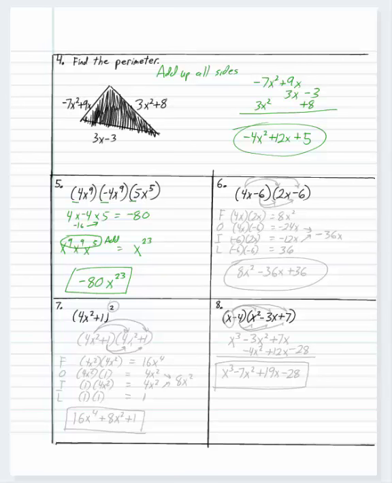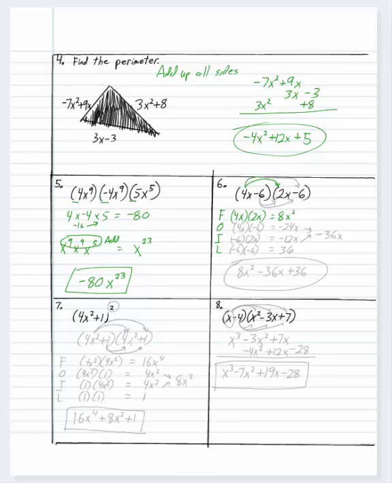Okay, number 6 is something that we're going to do a lot, called FOIL, which is just multiplying. First, outside, inside, last. Well, first will be 4x times 2x. 4x times 2x is 8x squared.